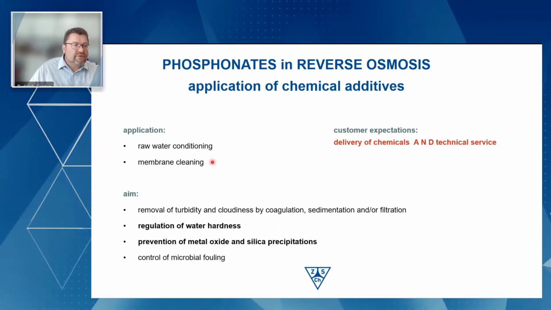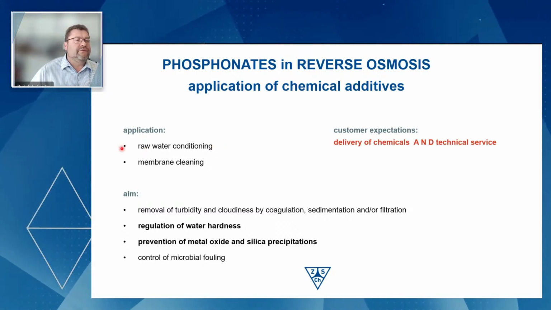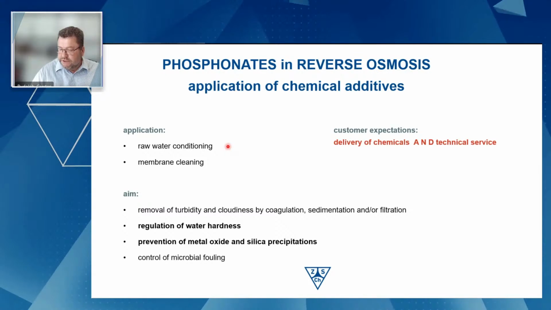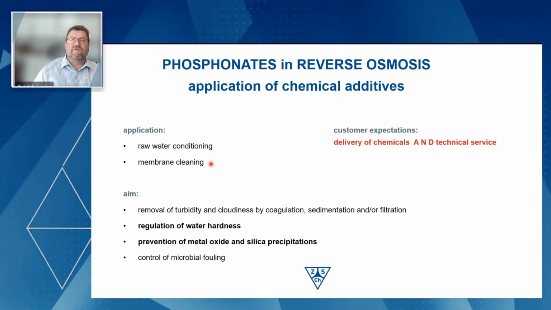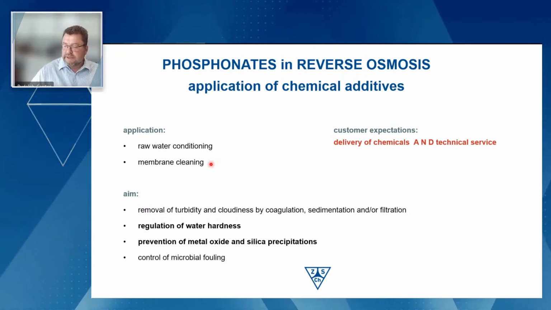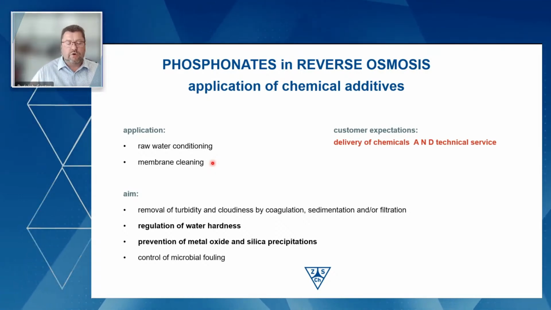The chemical additives we can differentiate into two classes. We have the feed water conditioning, which is a continuous conditioning, and we have the membrane cleaning, which is done via intervals in order to remove the fouling from the membrane and to go to the next cycle of use.